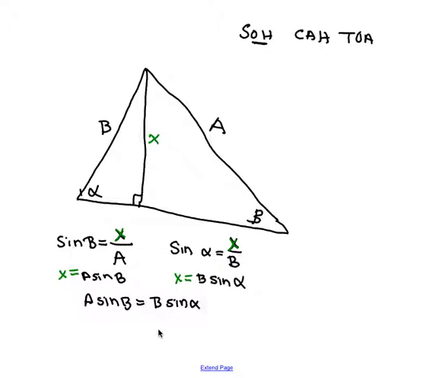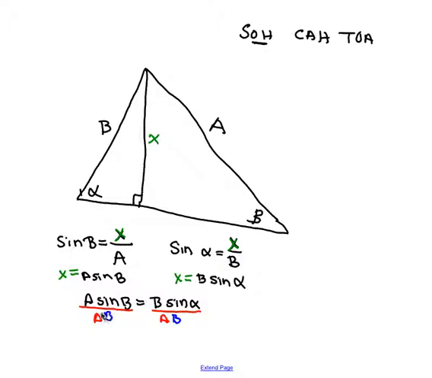One more step to clean this up a little bit. I'm going to divide this side by A, and if I divide one side by A, I have to divide the other side by A. I'm also going to divide by B on both sides.